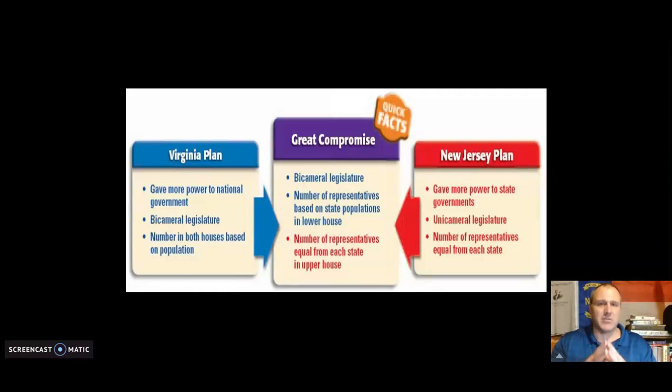They get together and create the Great Compromise, the Connecticut Compromise, and the bicameral, two-house legislature. The House of Representatives, the lower house, takes the big state plan and uses population, and the Senate, the upper house, takes the New Jersey plan, which is equal representation. So now the states are equally represented in the legislature, which is what they wanted in the first place.